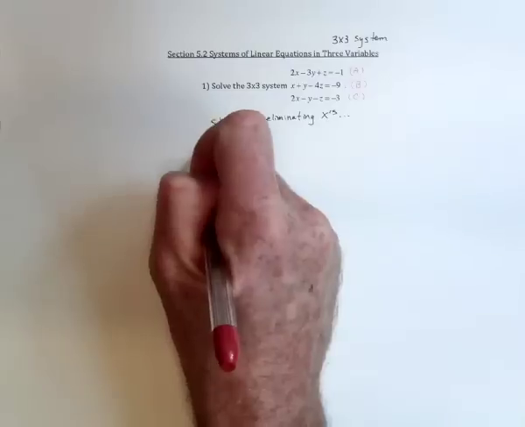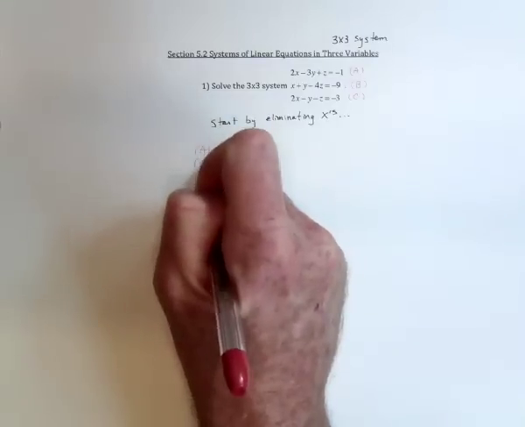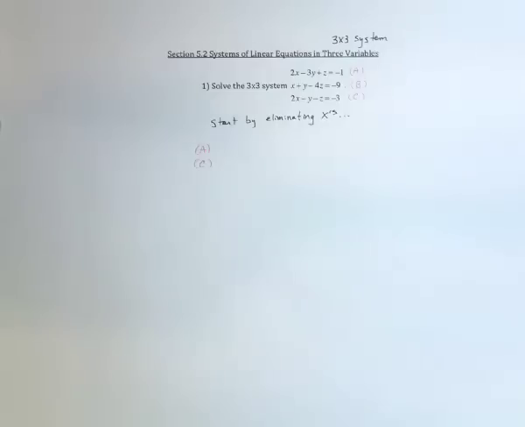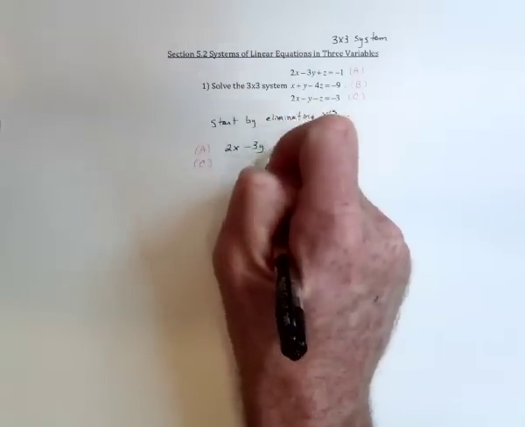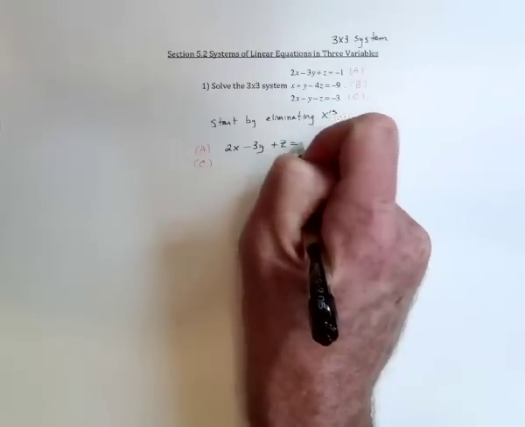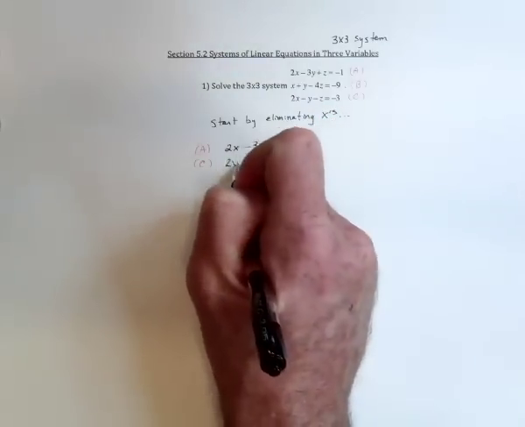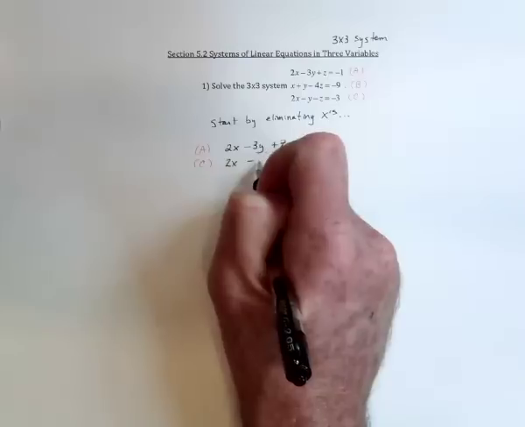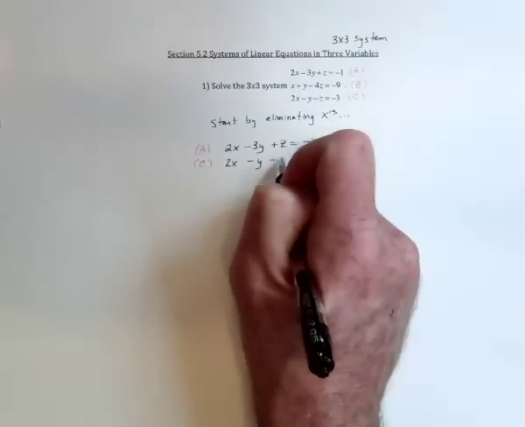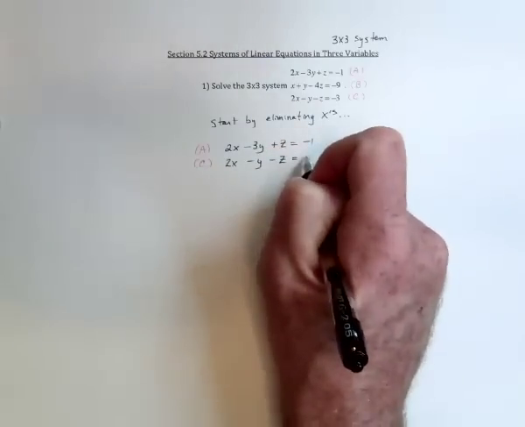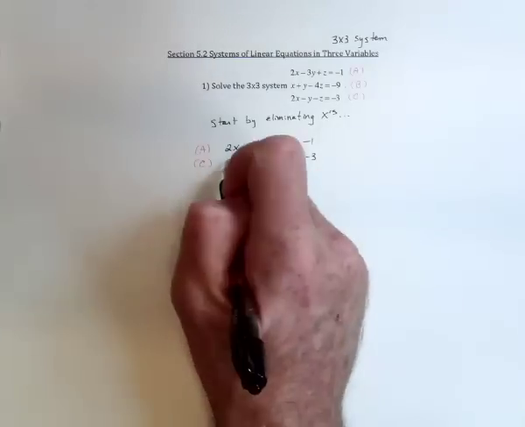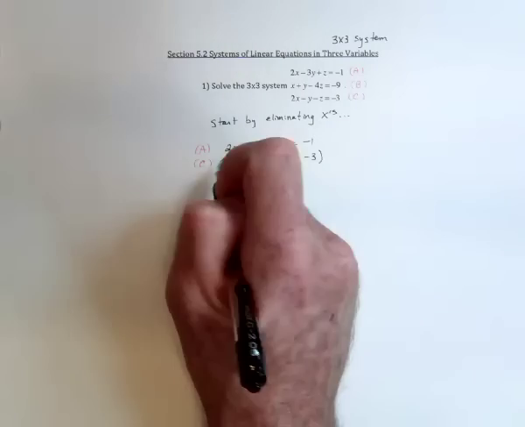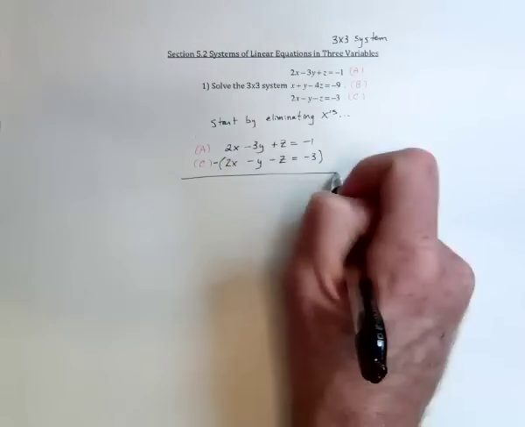So if I use equation A and C, it's going to be 2x minus 3y plus z equals -1, and 2x minus y minus z is equal to -3. And if I want these two x's to cancel, then what I need to do is subtract the two equations.